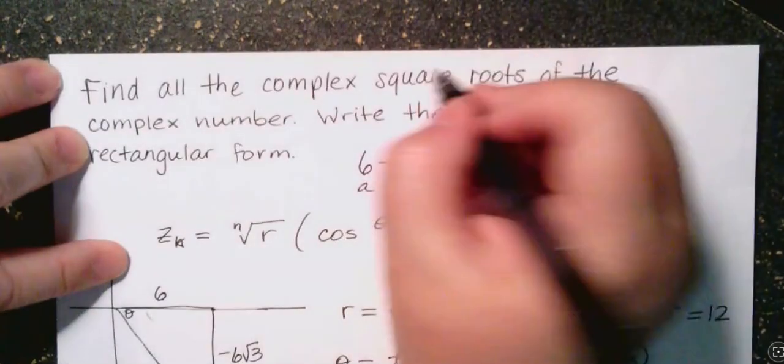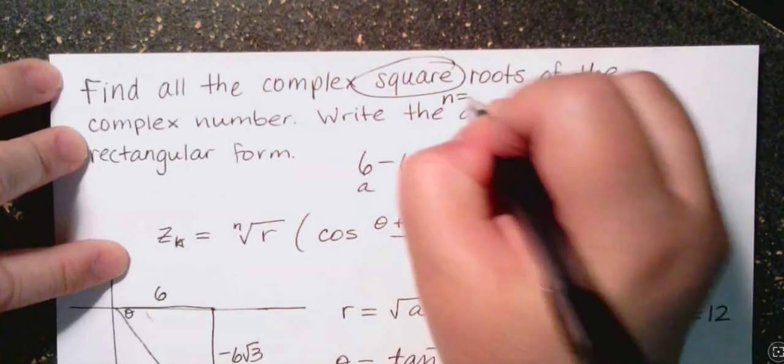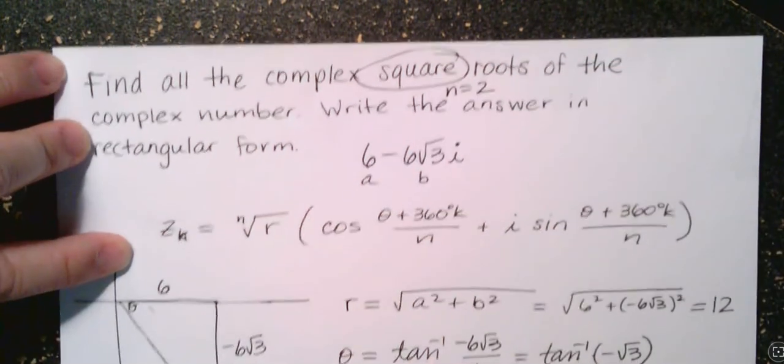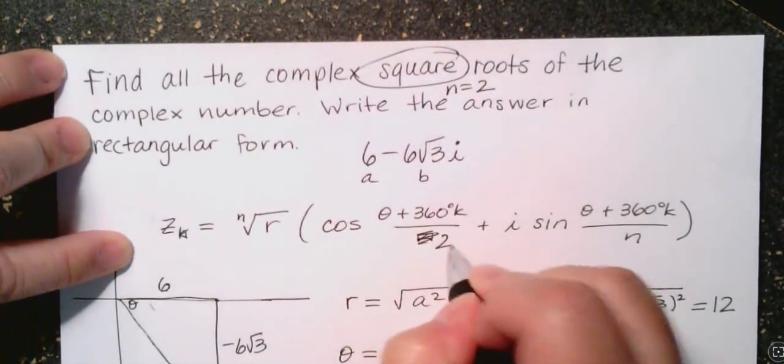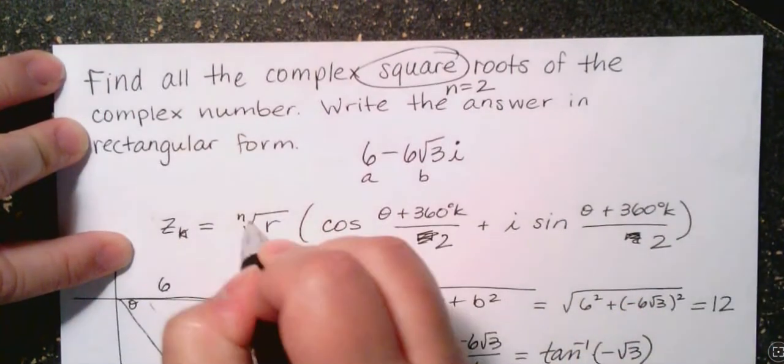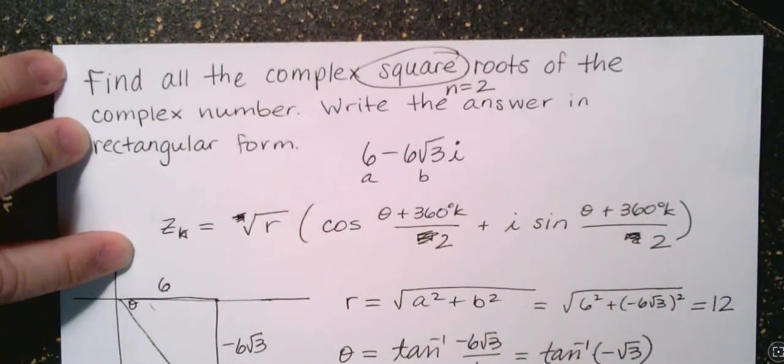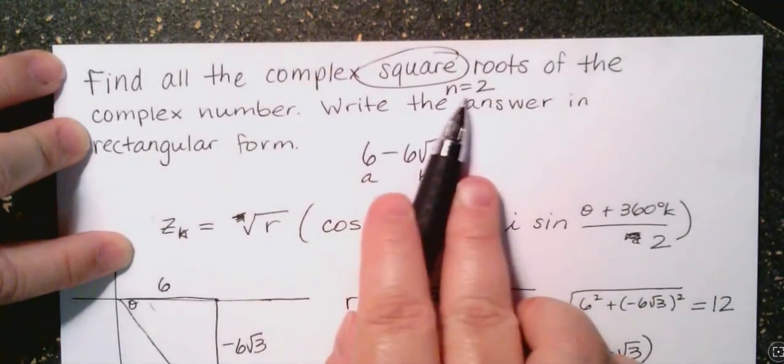So we are doing, if we look back at the top of the problem, square roots. That means n is 2. So this is going to be a 2, and this is going to be a 2. And this square root, we really don't need to write a 2 there. The next thing, remember, is that k starts at 0 and works its way up to n minus 1. n minus 1 would be 1.